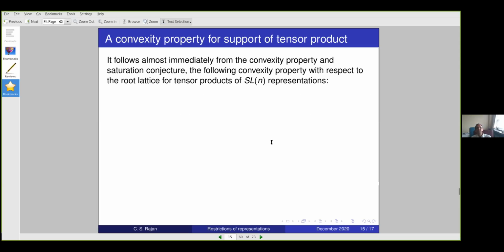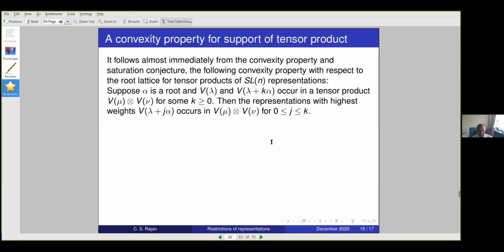it was clear that the saturation property and the convexity property imply the following convexity property for the support. It's almost immediate. So suppose alpha is a root and V(lambda + K alpha) occurs in a tensor product V(mu) tensor V(nu) for some K greater than or equal to 0.